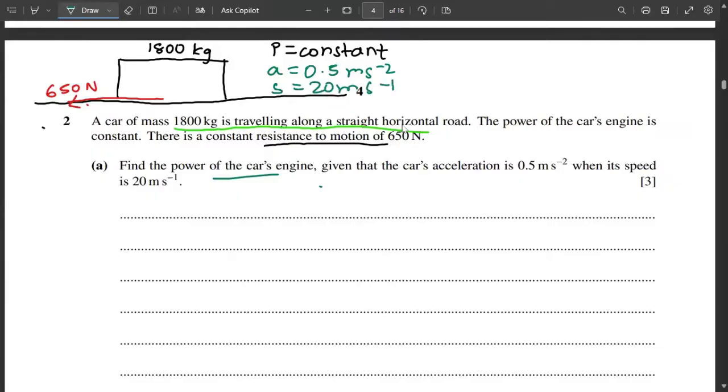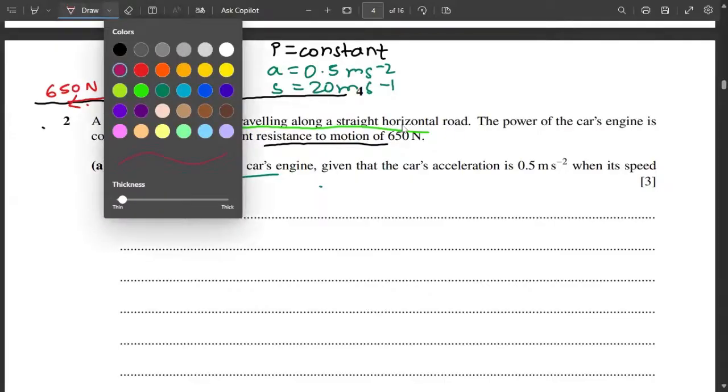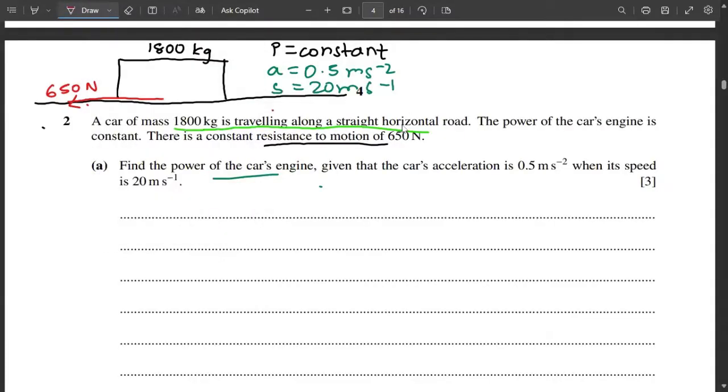So now we know a few things about this. It is not mentioned here, but because the engine is applying power, that will lead to a force, a driving force. Let me write that as FD. Now there are three forces that you need to make sure that you know about here. I'll go with FR first.